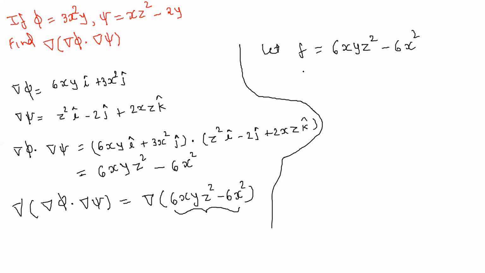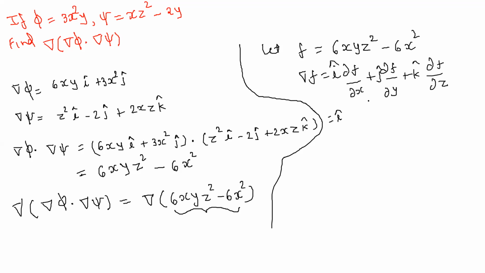So in that case my nabla f becomes i del f by del x plus j cap del f by del y plus k cap del f by del z. Why am I writing f here? Because I'm finding nabla for f. Very simple. Now differentiate with respect to x.